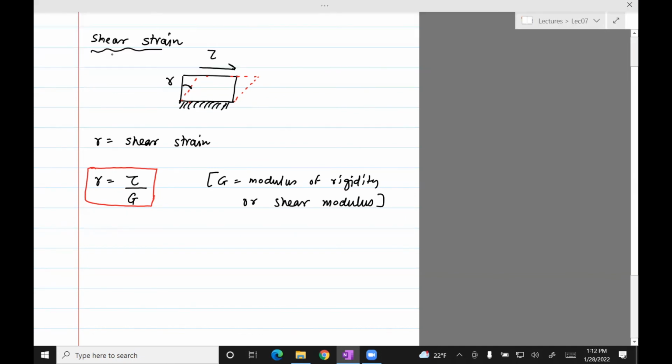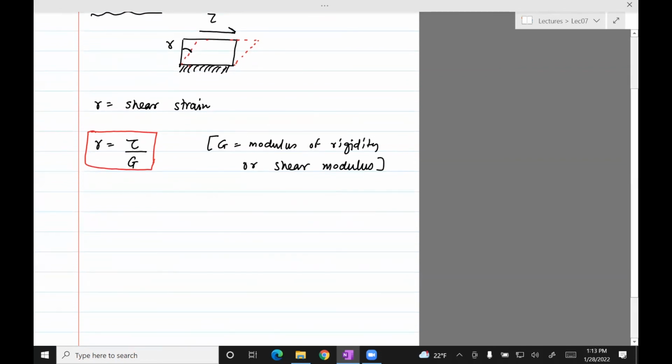So it turns out that the Young's modulus, the shear modulus, and the Poisson's ratio are all related. It is basically a derivation which you can find in some book, but it's not very important here. We just need to have the expression. So E equals 2G times (1 plus mu), where mu is the Poisson's ratio.